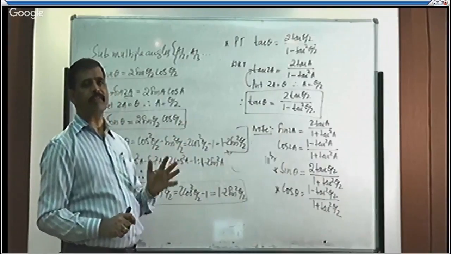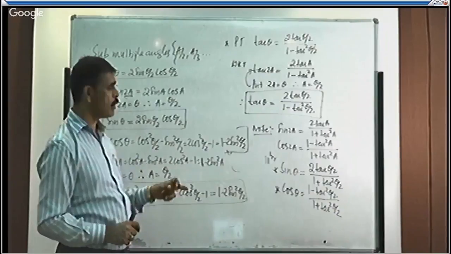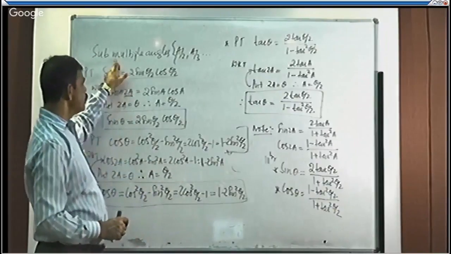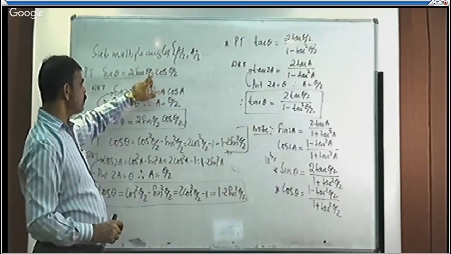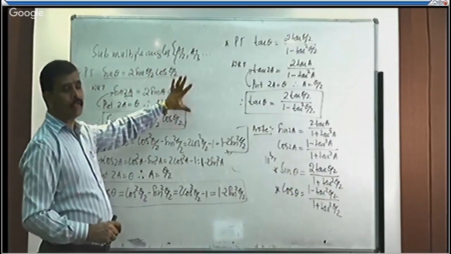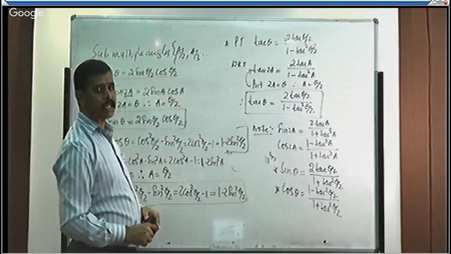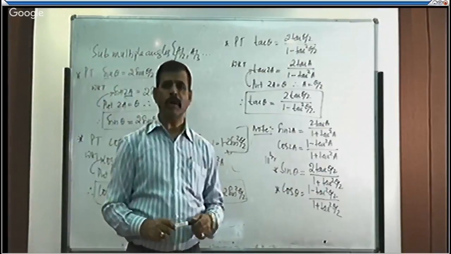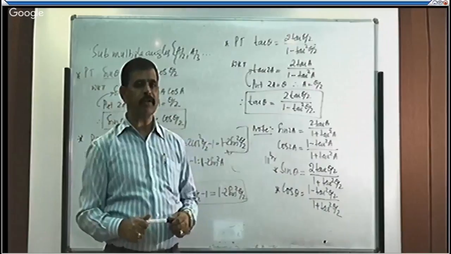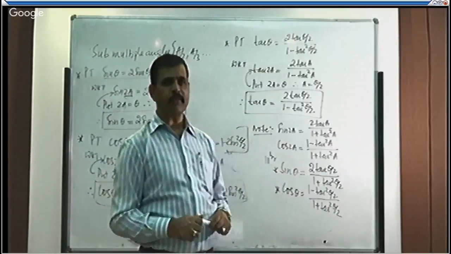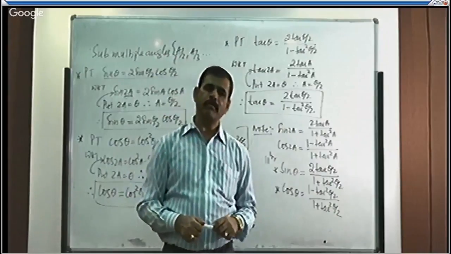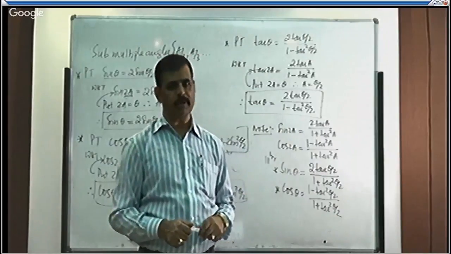Again, based on the sin 2a, cos 2a, tan 2a formulas, we derived submultiple angle formulas, which are in terms of theta by 2. These are all trigonometric ratios of compound angles. Based on these formulas, we can work out more problems.